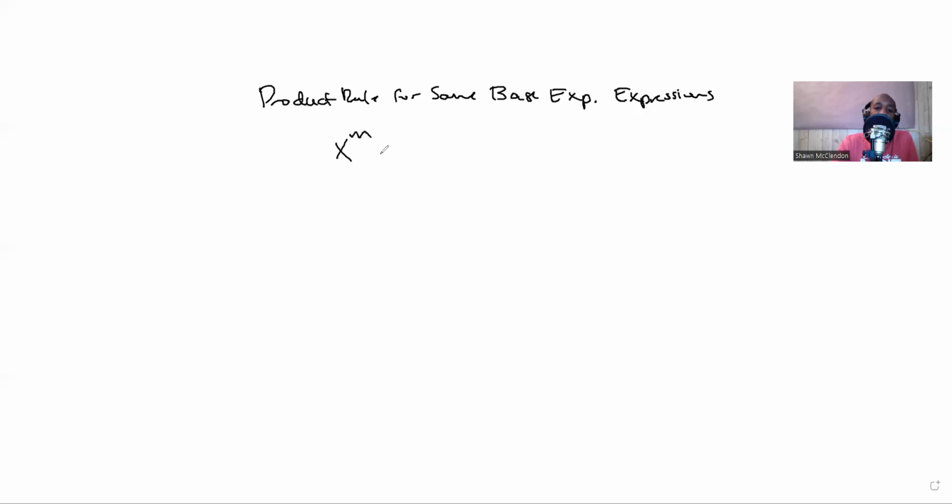All right, the product rule for same base exponential expressions. So basically, if you have x to the m times x to the n, that's why we're saying product rule, because product means multiplication.